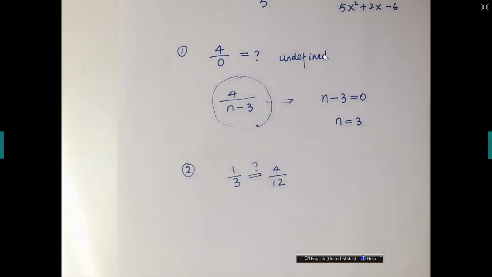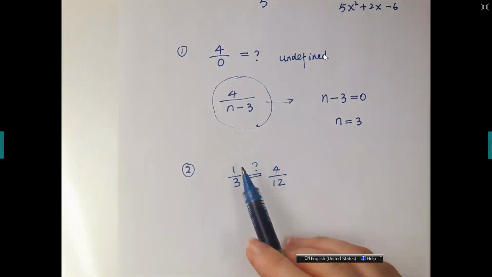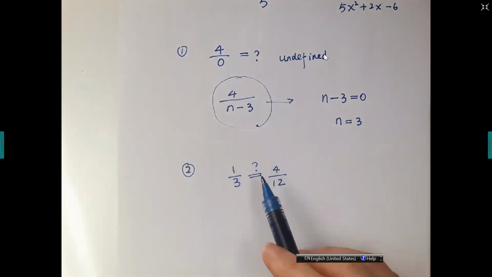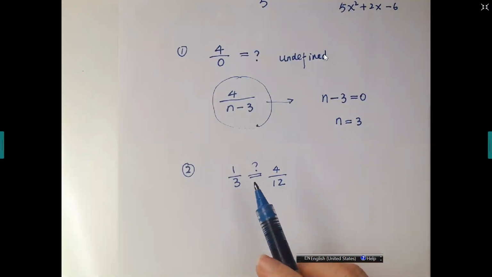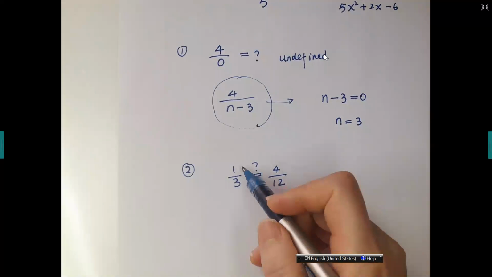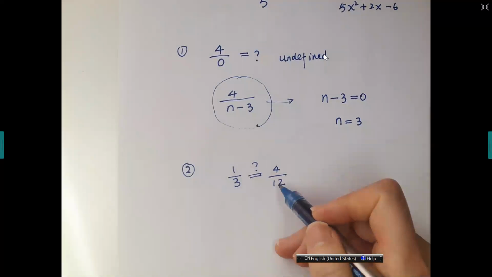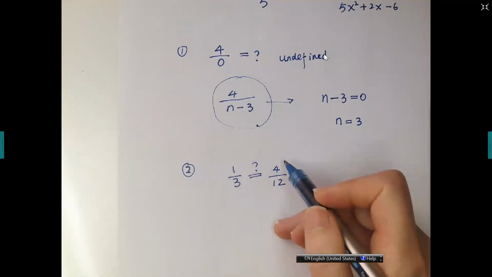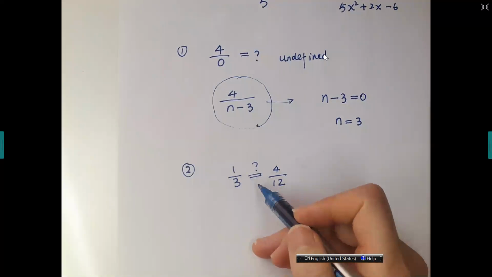Are they equivalent? There is a quick way to determine whether any two fraction numbers are equivalent or not. If we have two equivalent fraction numbers, then if we do the cross multiplication, diagonal multiplication, the product should be the same.